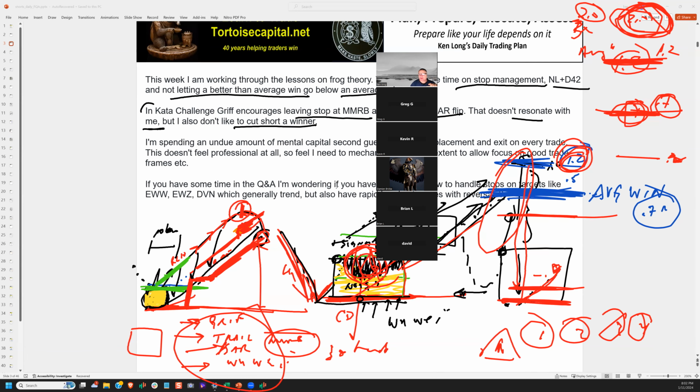For me, the one that has the catastrophic win, that's one where I just arbitrarily move it up until the PSAR catches it, or until the trailing MMRB catches it, or whatever. I just personally think that the MMRB is so tight that sometimes it can prematurely get you out. But if you know how to re-enter, then that's not a problem.